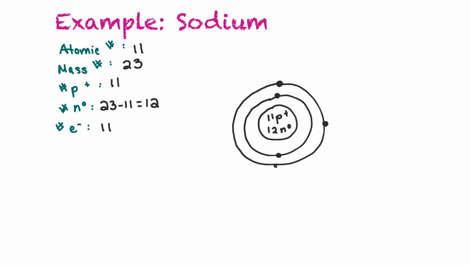So 1, 2, 3, 4. And then you can either space the other 4 separately or put them in pairs. I like to pair them up. So 5, 6, 7, 8. That's 2 plus 8 is 10. We still have one more electron to put on our diagram, so we have to draw another orbit and then draw one more electron. So that is sodium.